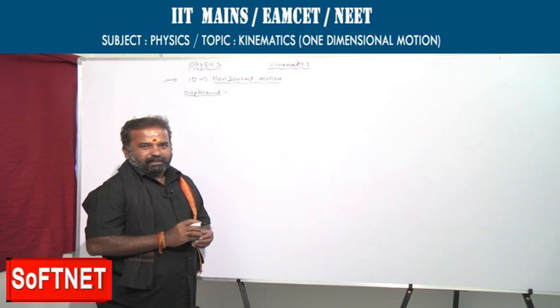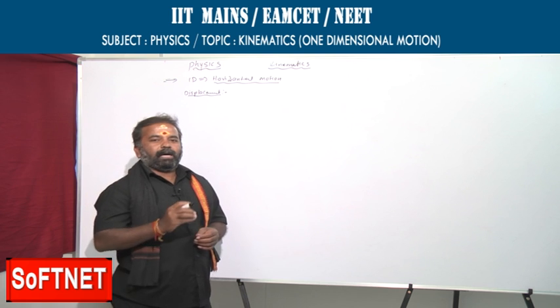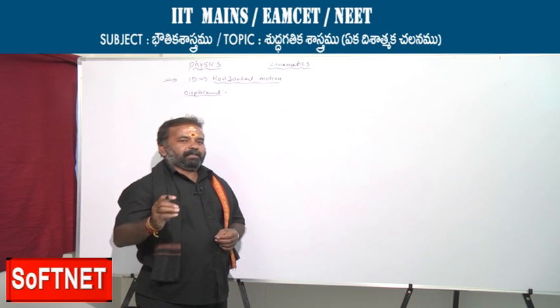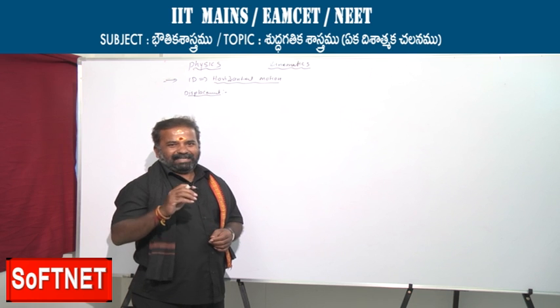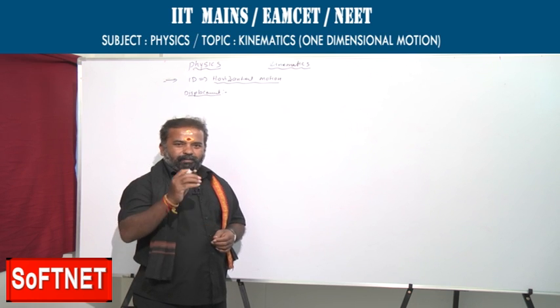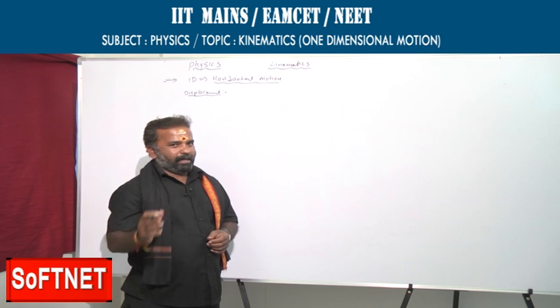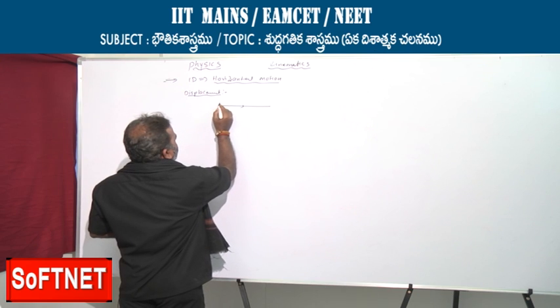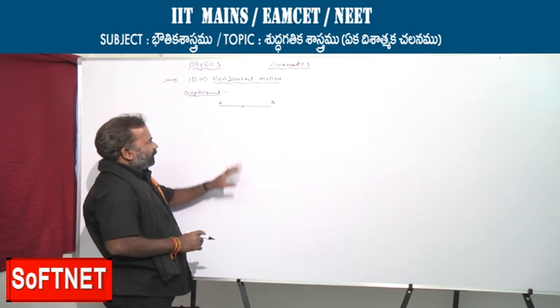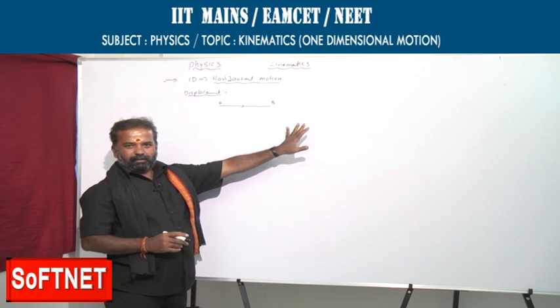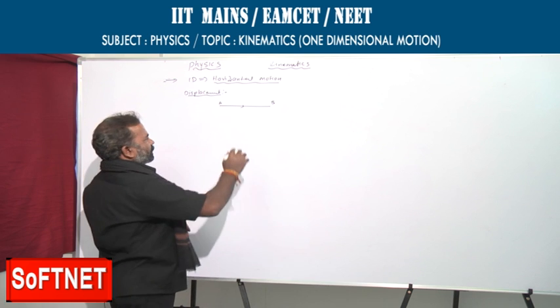Displacement is defined as the path traced by the body which is in motion in a straight line from initial point to final point. Body is moving from point A to point B in a straight line. This is displacement.